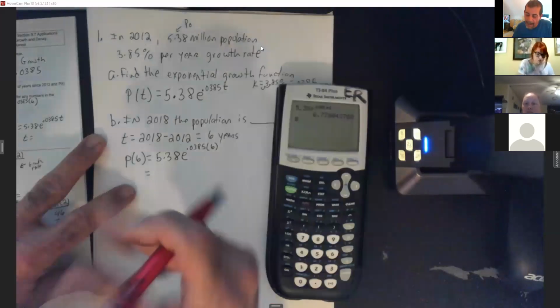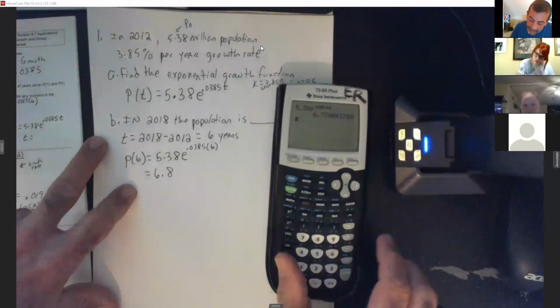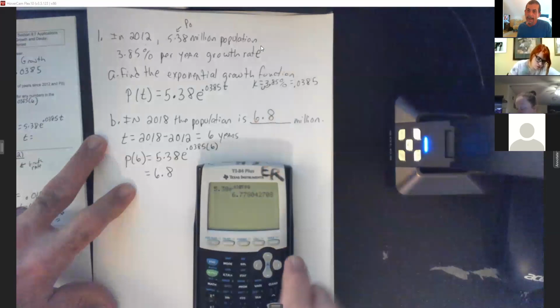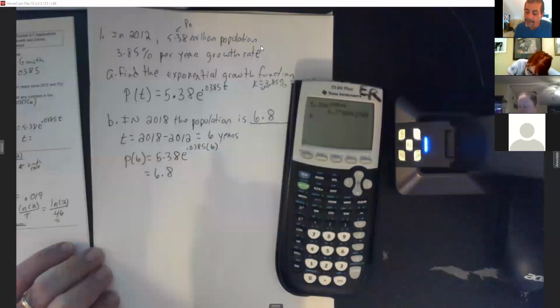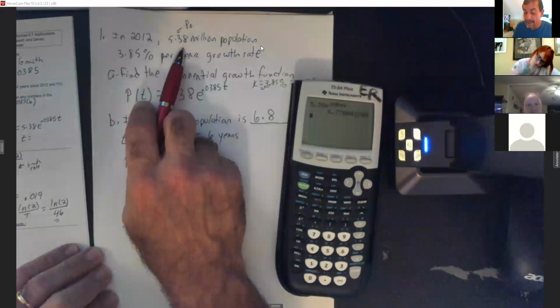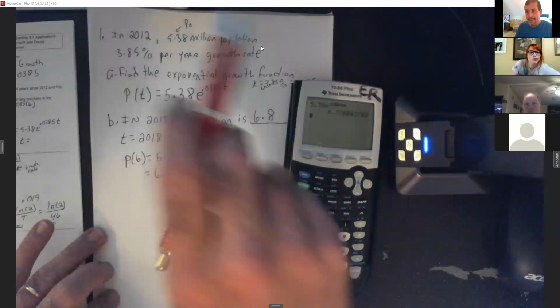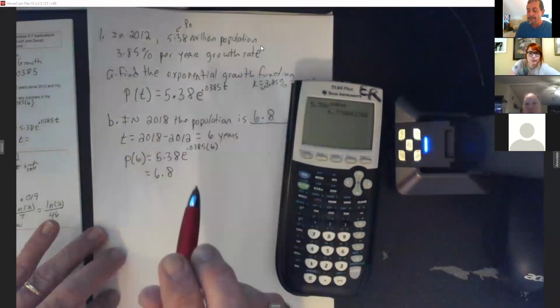So for my answer, in 2018, the population is 6.8 million. Now, you started with 5.38. If you got any number that was less than 5.38, I would redo it and check your math, okay? Because you're growing, so you can't be smaller.